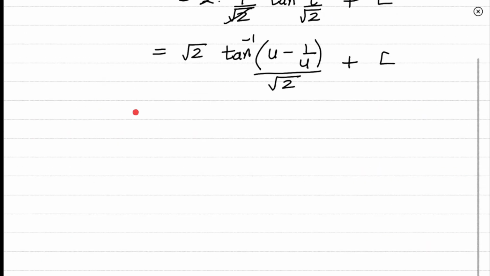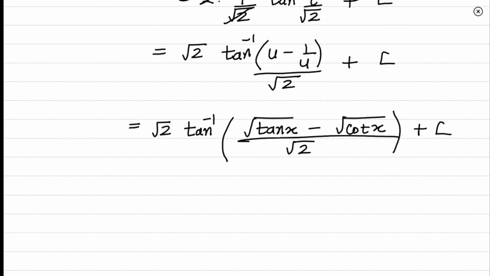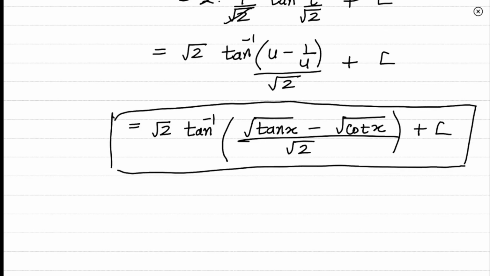So we have square root of 2 tan inverse of square root of tan x minus 1 divided by square root of tan x, which is nothing but square root of cot x, divided by square root of 2 plus constant of integration c, and this is nothing but the final result of the integral of square root of tan x plus square root of cot x. How easy and efficient that integral was when you use the right technique.